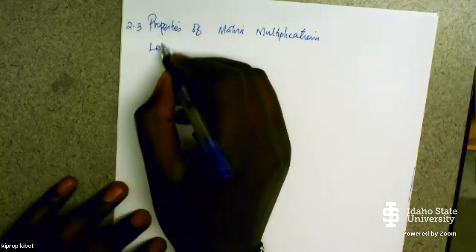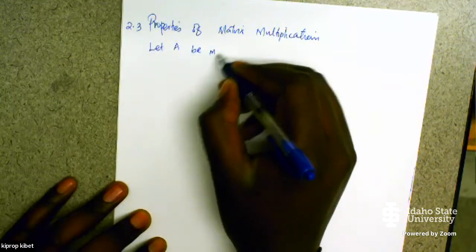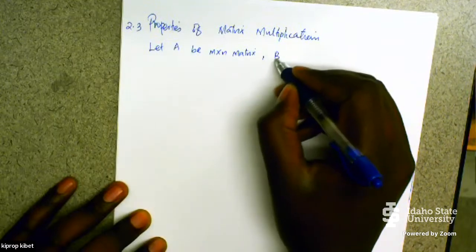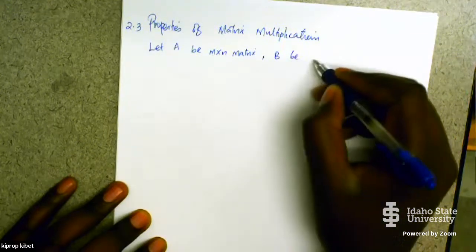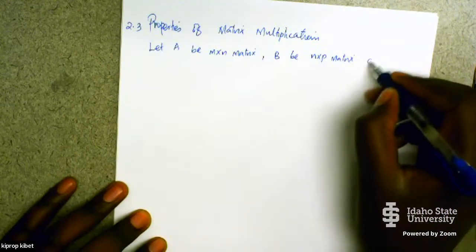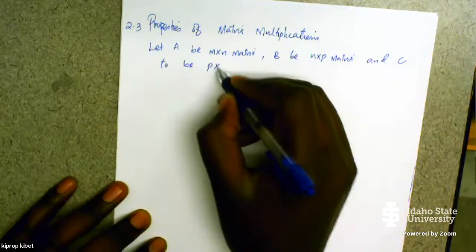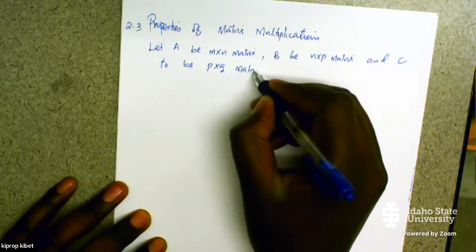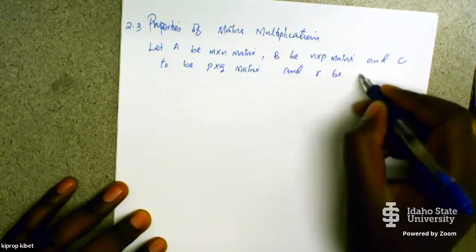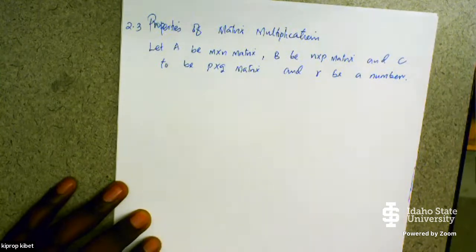If we let A be an M by N matrix, B to be an N by P matrix, and C to be a P by Q matrix, and R be a number.